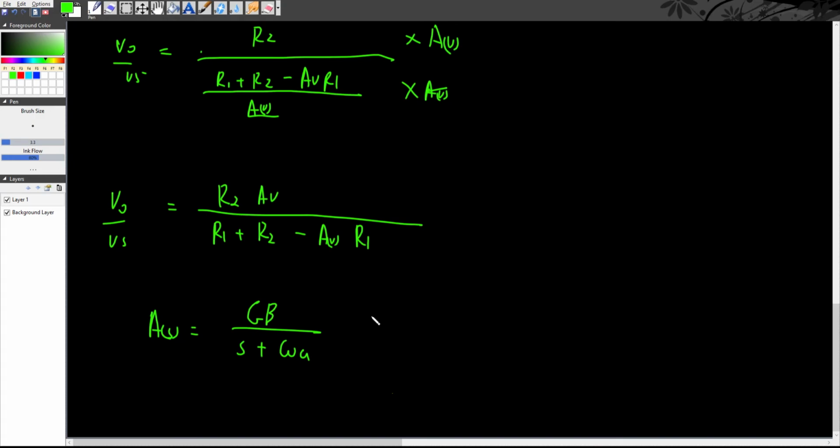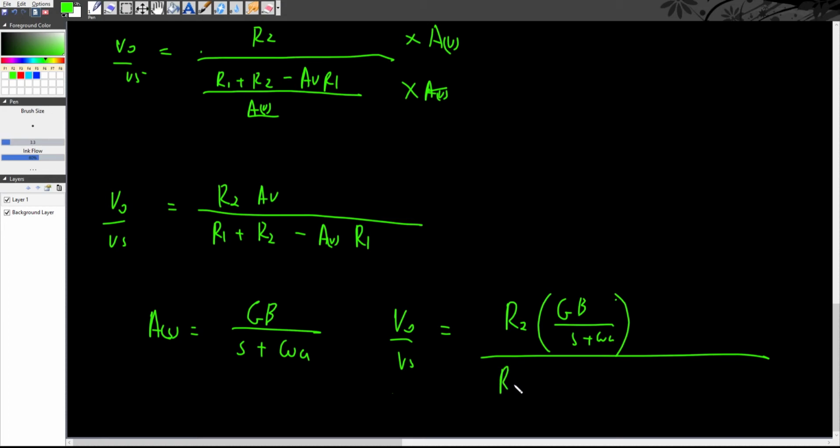So if we substitute this into the equation right there, let me just do it here, VO by Vs, what you're going to get is R2 into GB over S plus omega A all divided by R1 plus R2 minus GB over S plus omega A all into R1.